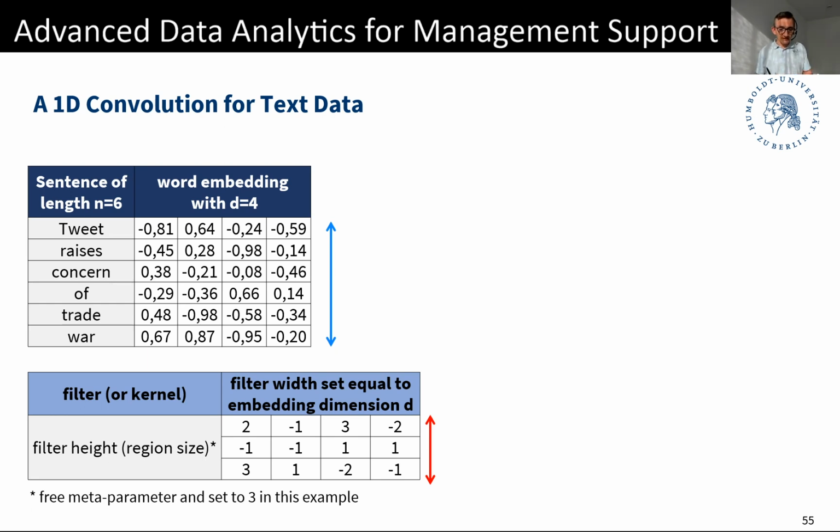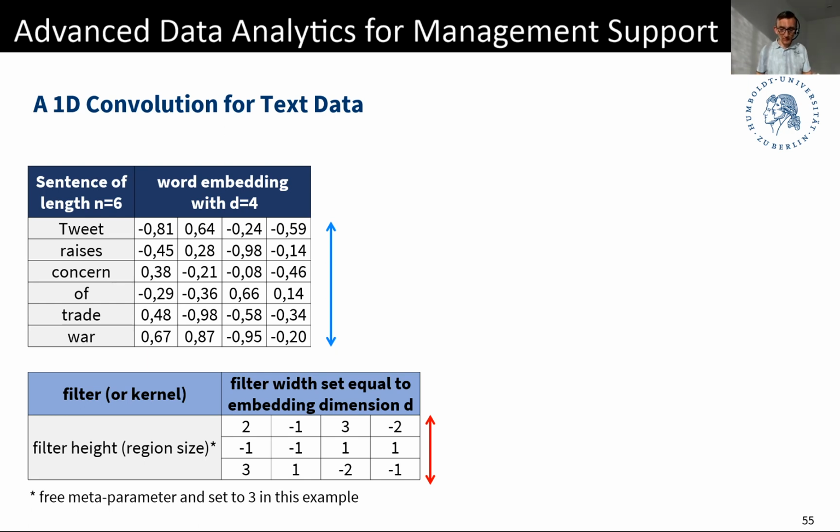And since text is basically only a 2D matrix, at least if we use it like that, we don't have any depth dimension. And we can consider that a convolution in 1D actually, because the size of our filter will always cover the whole embedding dimension.